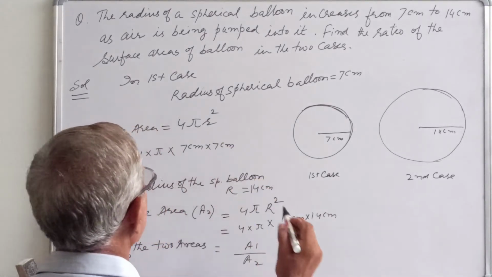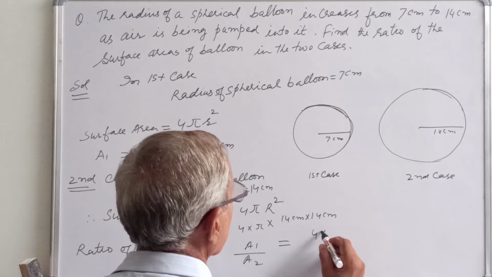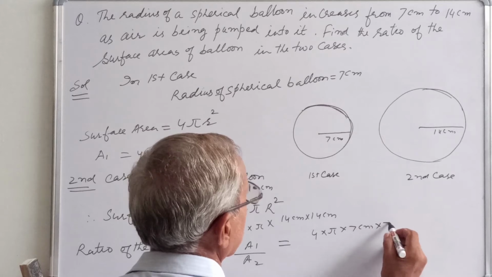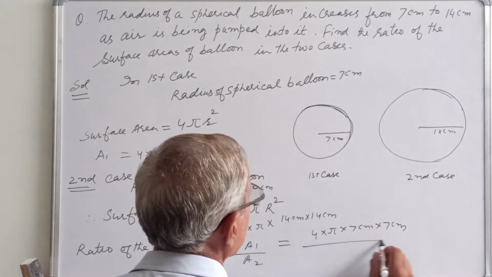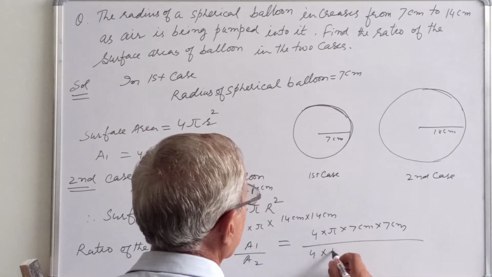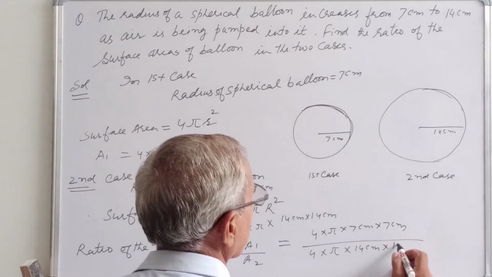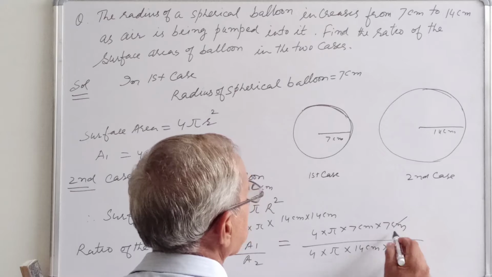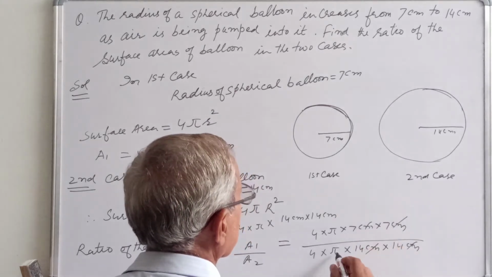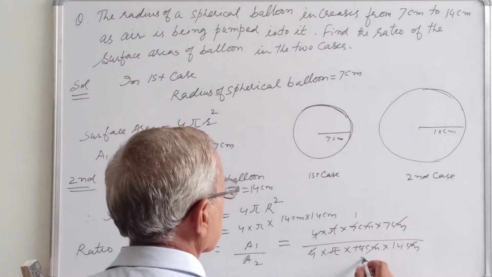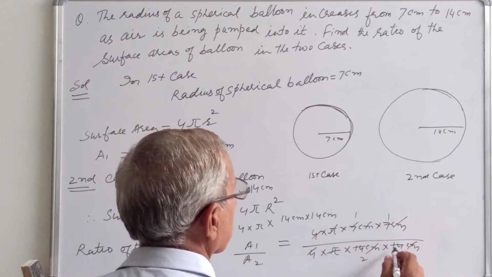The first case 4 into pi into 7 centimeter multiplied by 7 centimeter, and the second case 4 into pi, 14 centimeter, 14 centimeter. 1, 2, 1, 2.